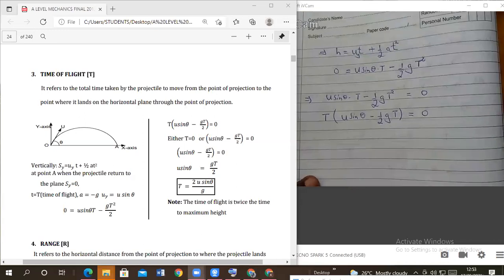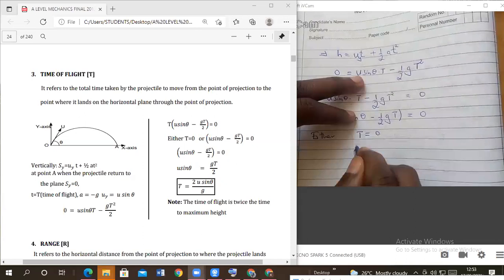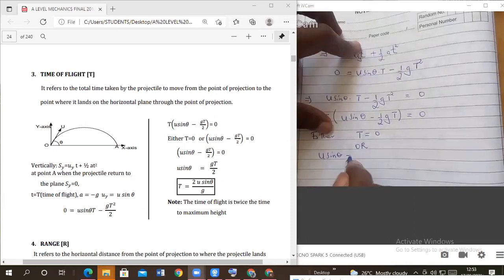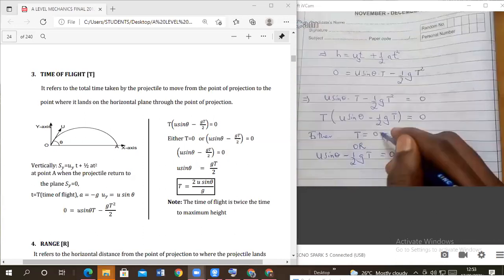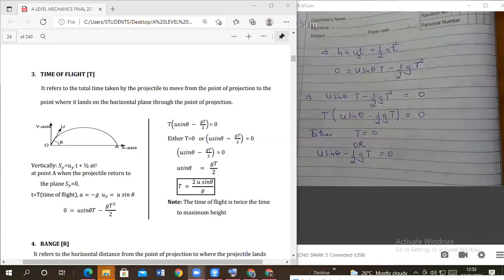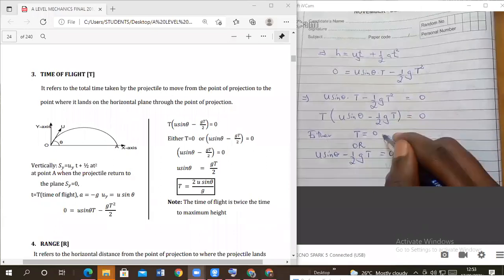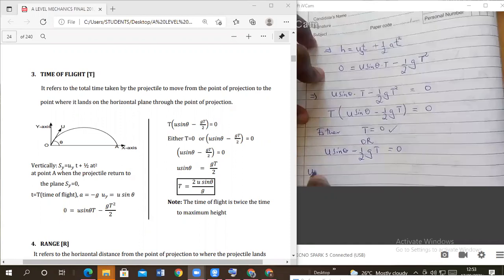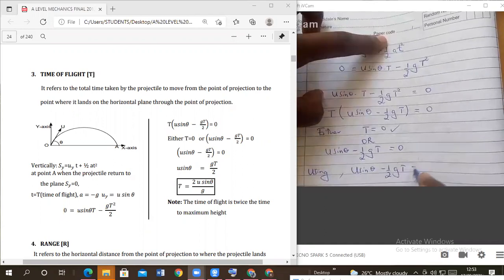So either t is equals to 0 or u sine theta minus a half g t is equals to 0. So t can never be equals to 0 at that point. At that point, time taken cannot be 0. So which one are we taking? We are taking this one. Okay. So using u sine theta minus a half g t equals to 0.